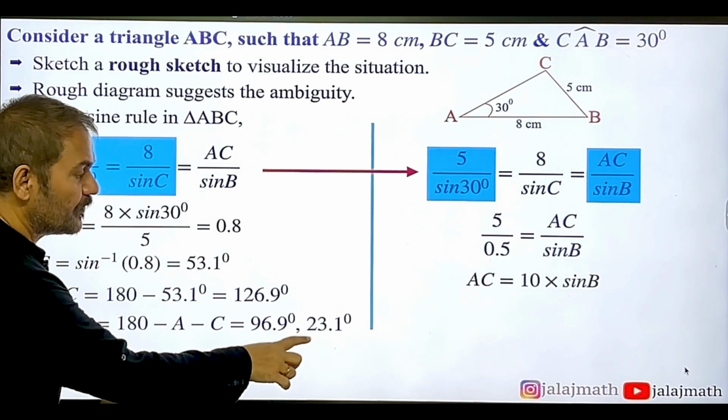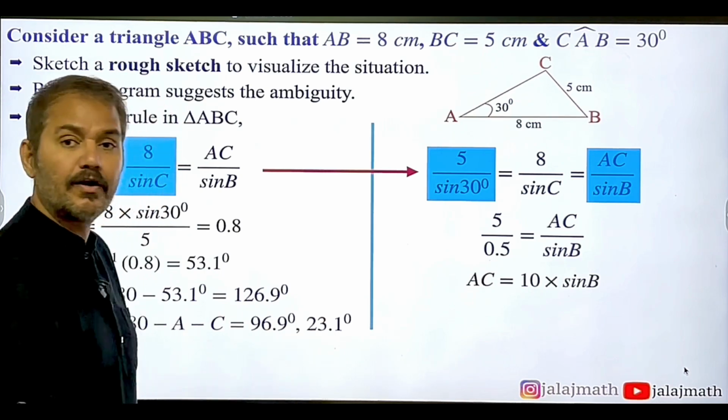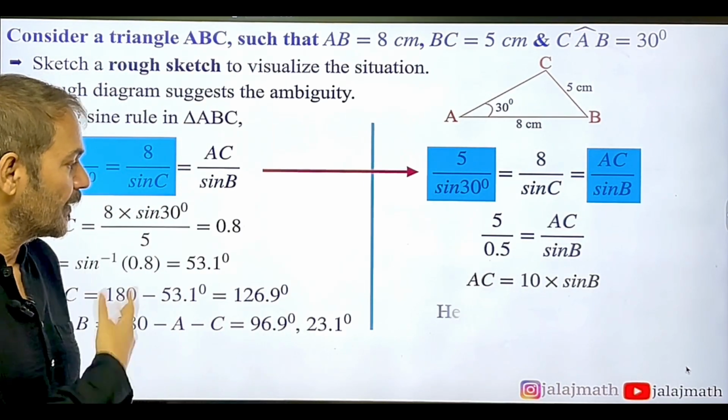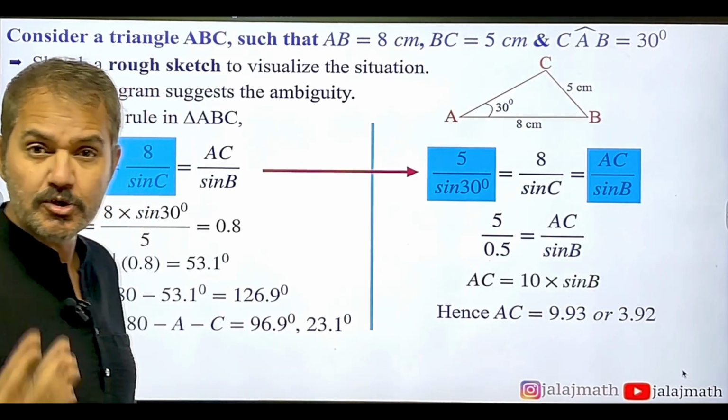When you take the first value, you get the first value of AC, and when you take the second value, you get the second value of AC. So AC will have two values, which are 9.93 and 3.92.